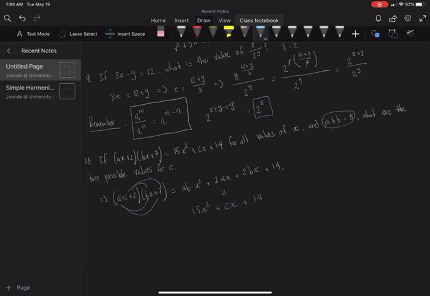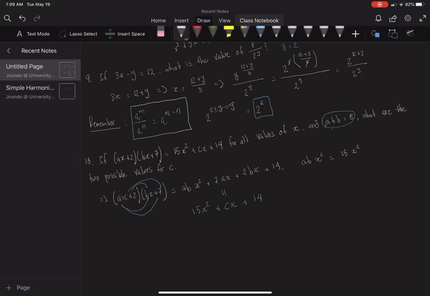So this means that ab times x squared has to be equal to 15 times x squared. And we know that 7ax plus 2bx, or you know what, let's make it simpler.